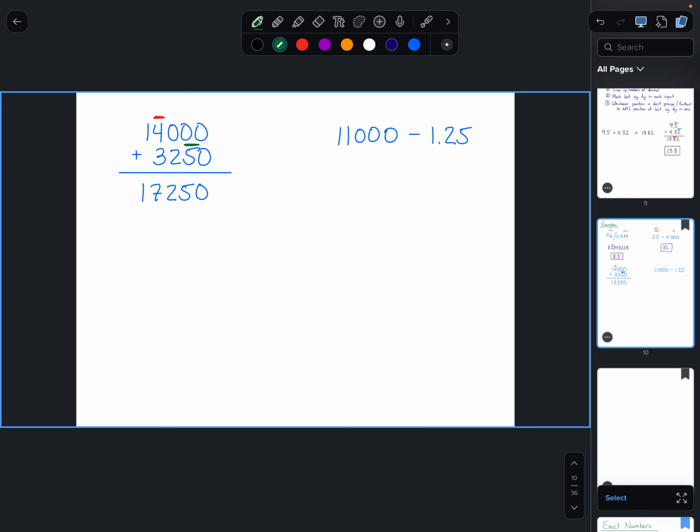All right, so which one of these is my least precise position here? The red or the green? Which one's furthest to the left? The red. So that lets me know that I'm going to round to that thousands place here, or my final answer is 17. What's wrong? I did that whole change the value of the number business, right? It went from being 17,250 to just 17.